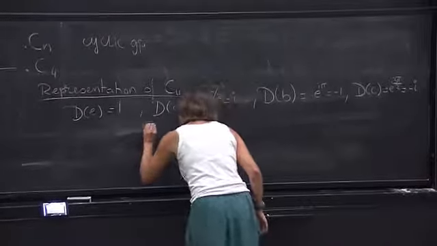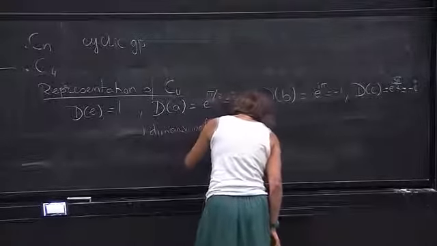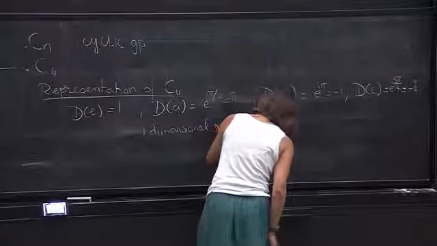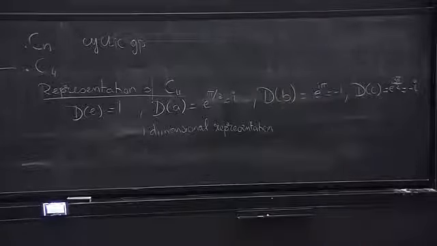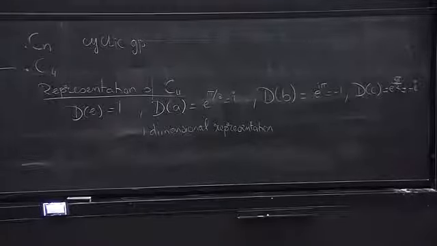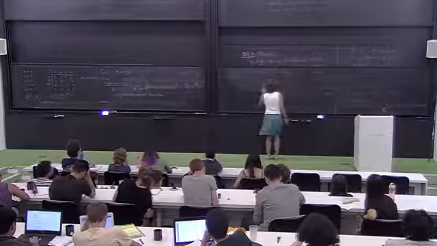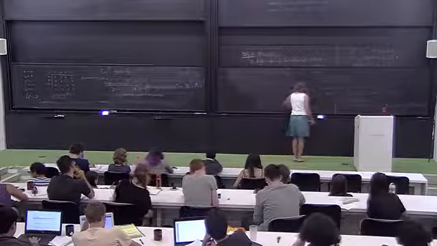But of course, you don't have a unique representation for any group. Because this one we cannot say a lot about, since it's one-dimensional, so let's look at another one.